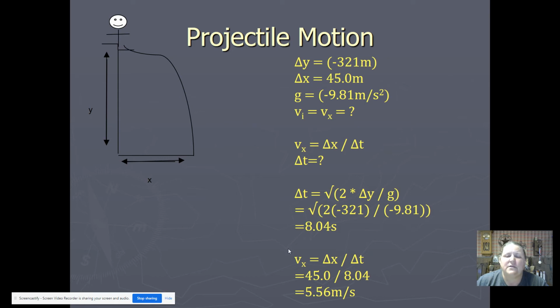So your answer, your initial velocity in the x direction, was 5.56 meters per second. We're pulling back and reusing the equations that we used in previous chapters. So we're going to be using the free fall equations, some of which also came from motion in one direction. So look back in those notes. You're going to be using those again.